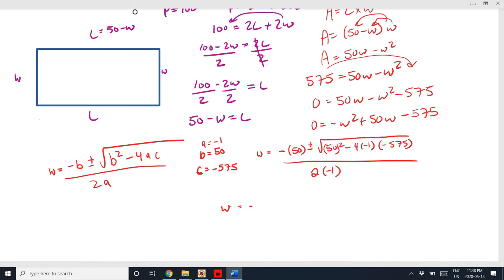We can get just negative 50 over here, plus or minus the square root of 50 squared, which is 2500, minus 4 times a times c. So let's actually do that in our calculator right now. So we have minus 4 times a, which is negative 1, times c, which is negative 575, and we're going to get negative 2300. Okay, and this is all over 2a, which is 2 times negative 1, which is negative 2.